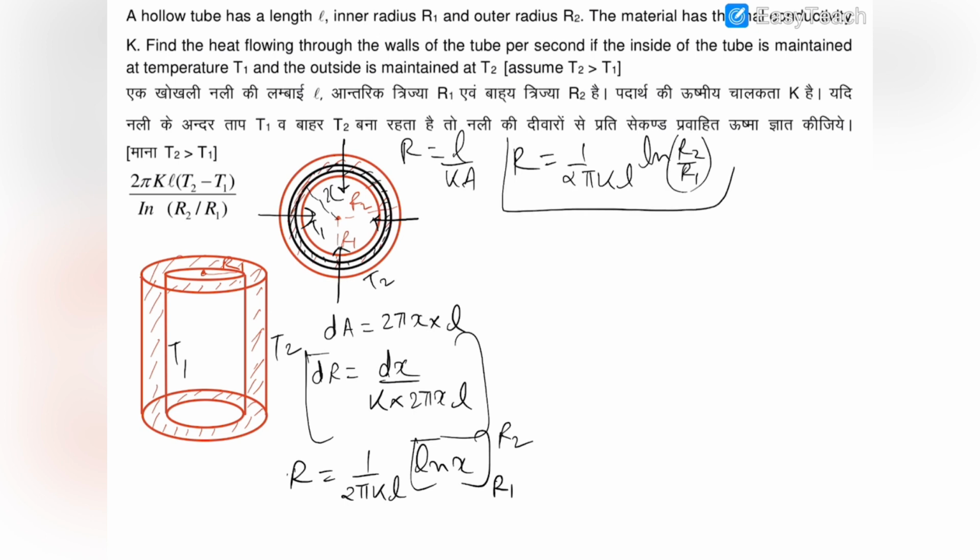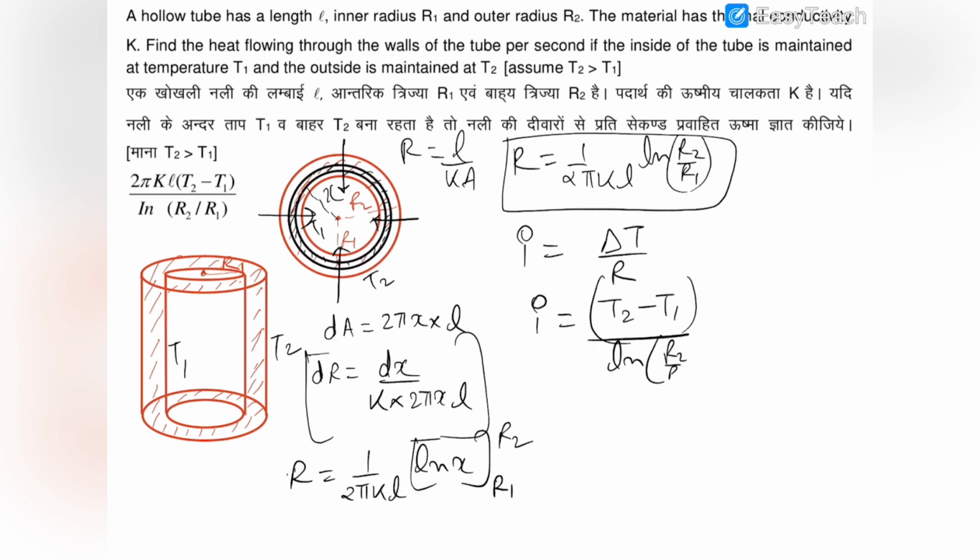So this is the resistance of this cylinder, and therefore the heat current flowing from outer part of the cylinder to the inner part will be delta T upon R, and therefore I will be equal to (T2 minus T1) upon R, which is ln(R2 by R1) divided by 2 pi KL. This is the current which is flowing from the outer part of the cylinder to the inner part.